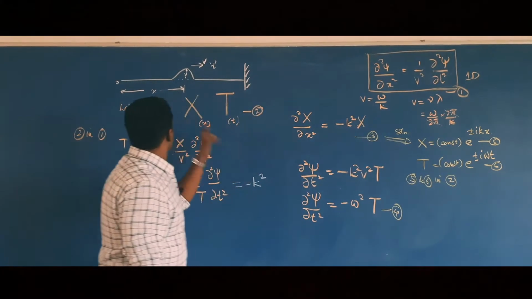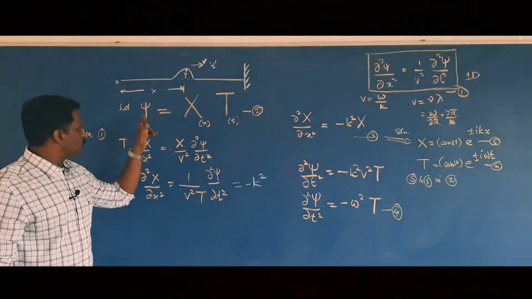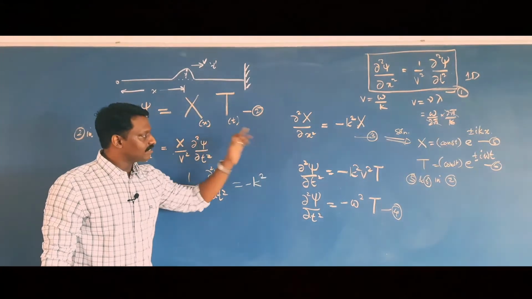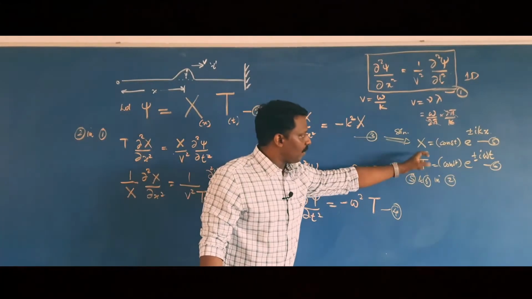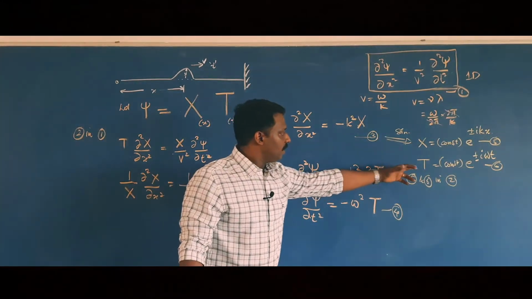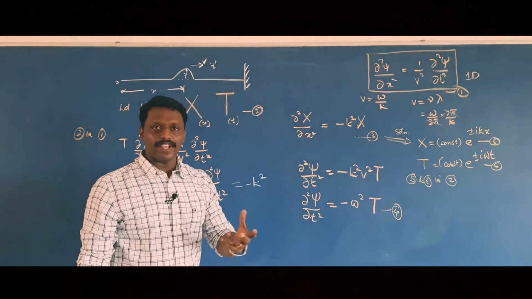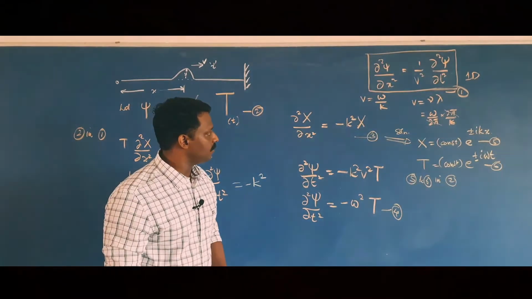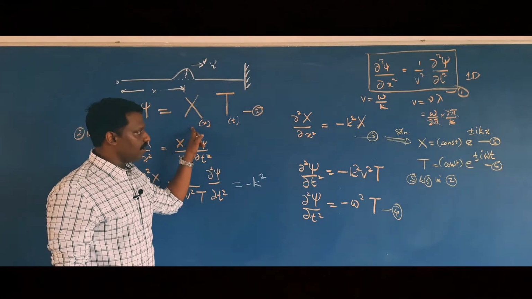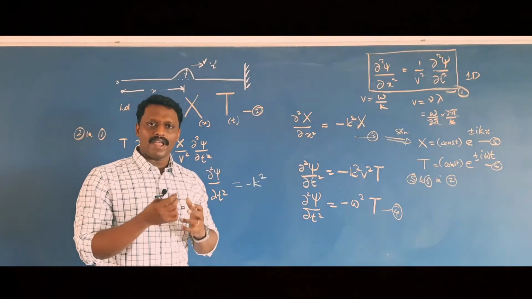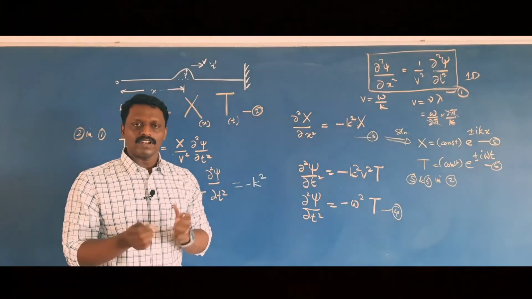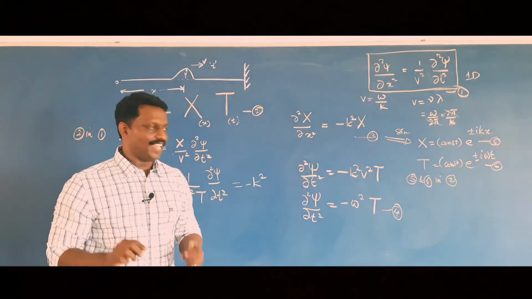The assumed solution, equation 2, is that ξ is equal to X times T. X is given by equation 5, a constant multiplied by e raised to plus or minus ikx, and T is equal to a constant multiplied by e raised to plus or minus iωt, that is equation 6. Using 5 and 6 here, a constant multiplied by another constant will give a constant itself. So let us take that constant as A.